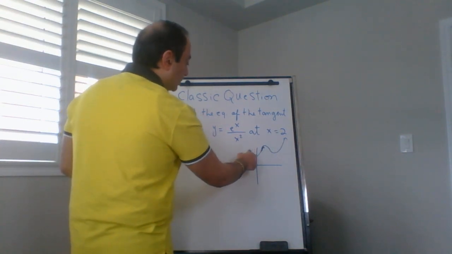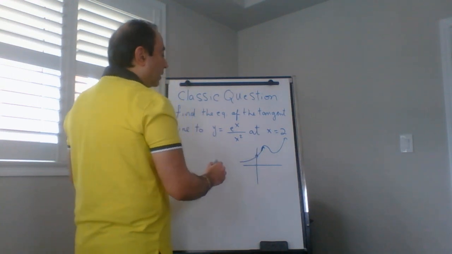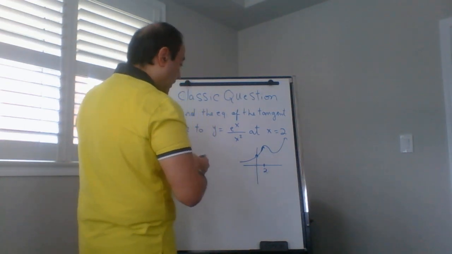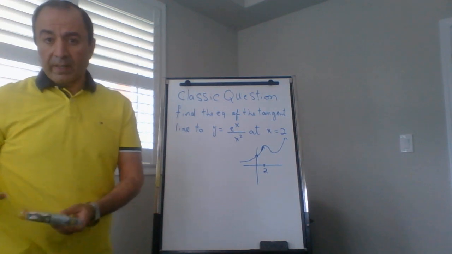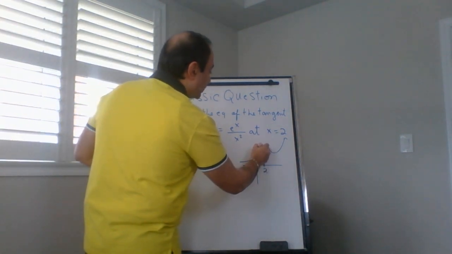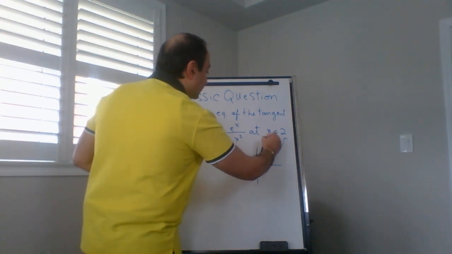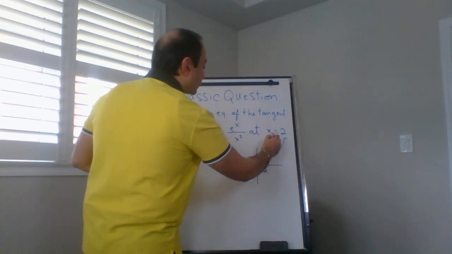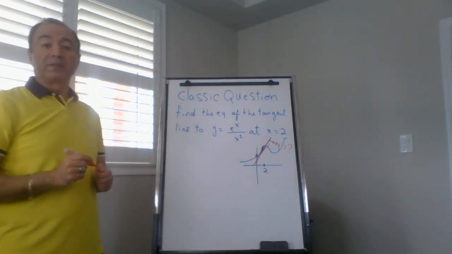Of course, it will not be defined here at x equals 0. And this is when x equals 2. We need to find the equation of the tangent line at that point. If we draw a tangent line at this point, what will be the equation of this line? This is what we need to find.